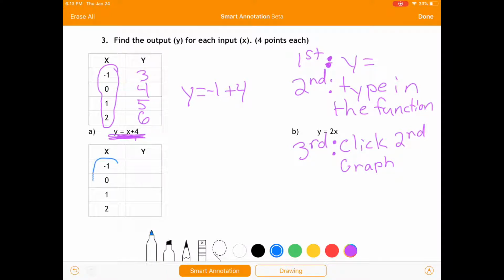For B, you've got this table at the bottom, and your equation is y equals 2x. You're substituting it in, so 2 times negative 1. So you're going to have negative 2, 0, 2, and 4.